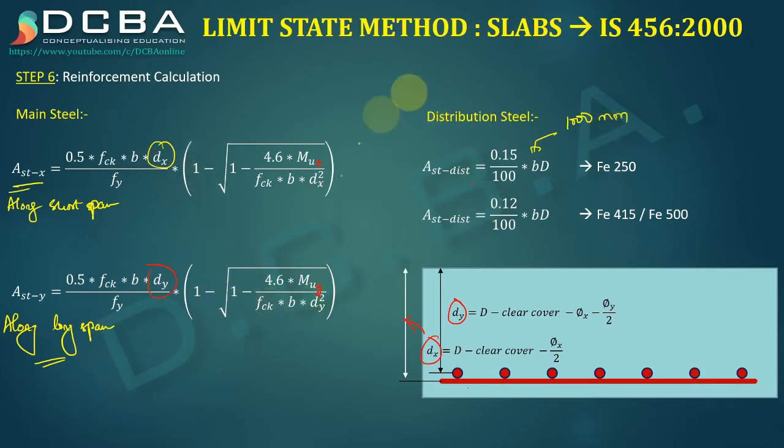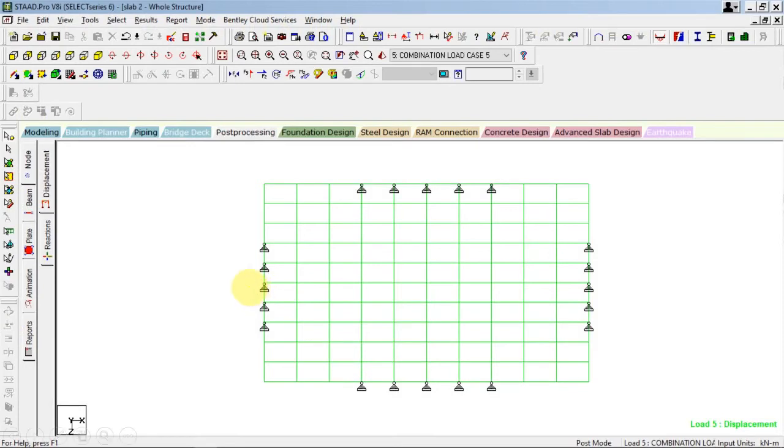After finding these, now there is a concept in two-way slabs. See, what happens is, consider this to be a two-way slab and I am not giving restraints on these points, okay? These points I have not given restraints, that is, I am not holding them back. You can see these are the supports that are holding this edge, this much edge.